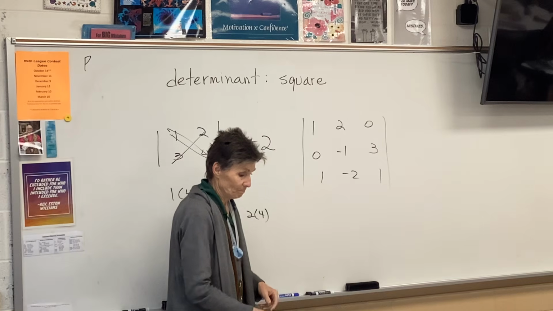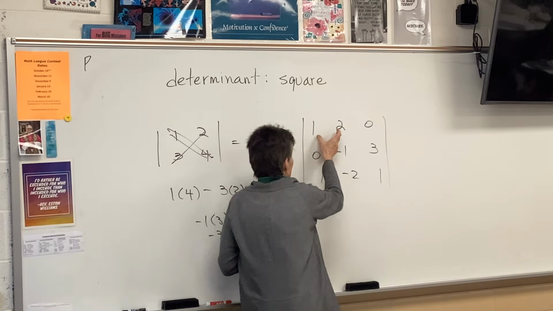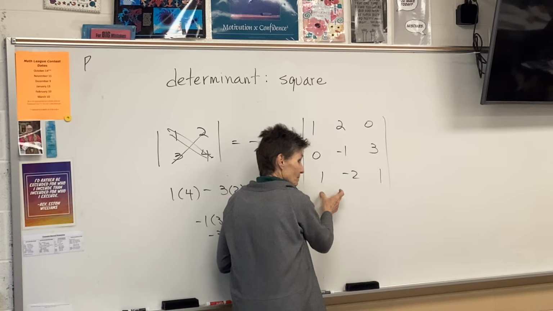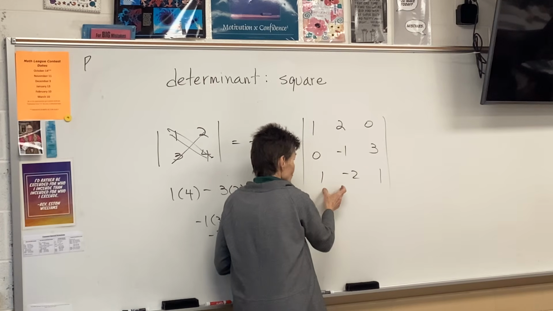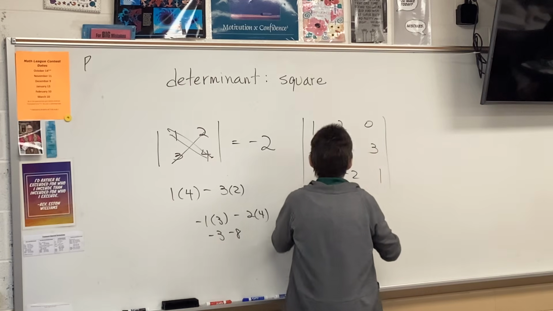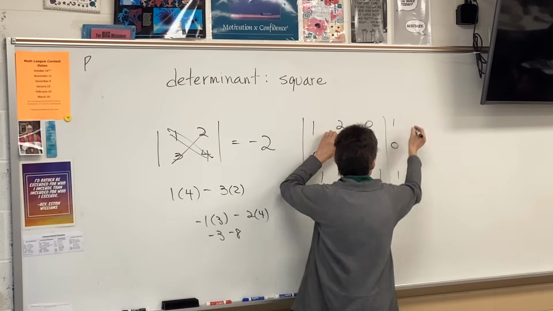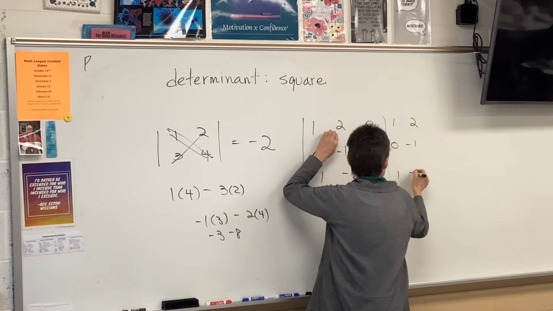Here we go. Step one. Take these two columns, the first two columns, and reproduce them out here. So 1, 0, 1, 2, -1, -2.